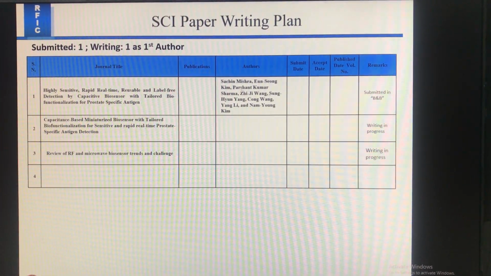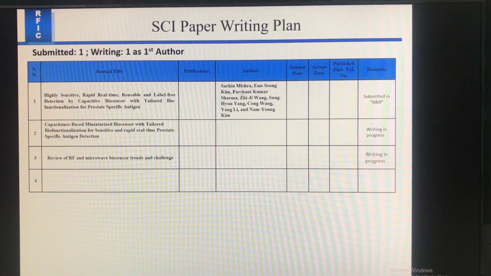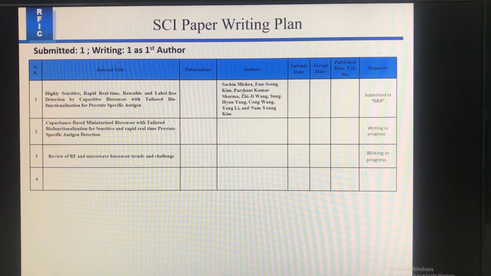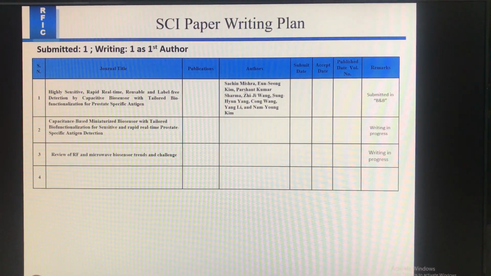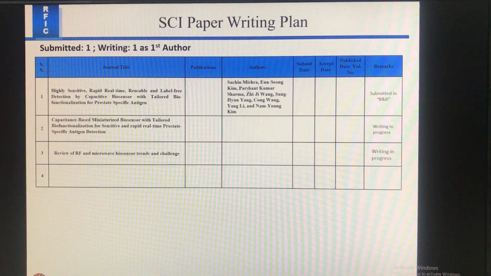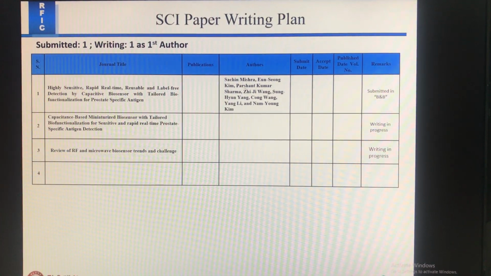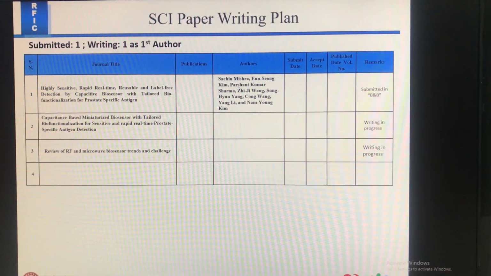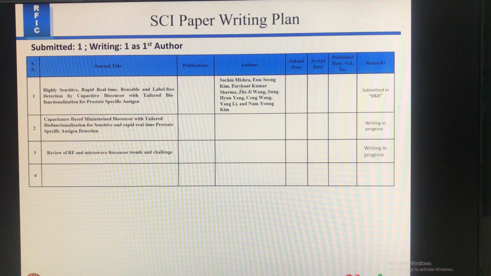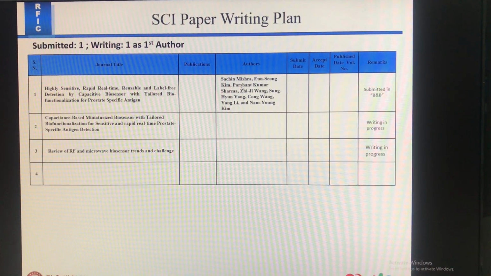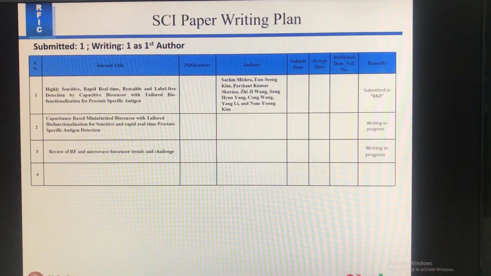So I hope for the best, and I am waiting this month for the results and the notification from the editorial committee members. The third one is the review article that I am writing, in progress. And the second one is the capacitance measurement by the sensor related to Alzheimer's disease patient samples, which is also being written, in progress.